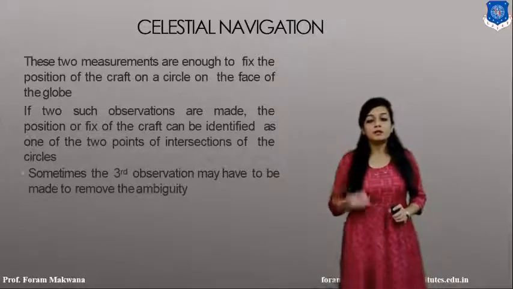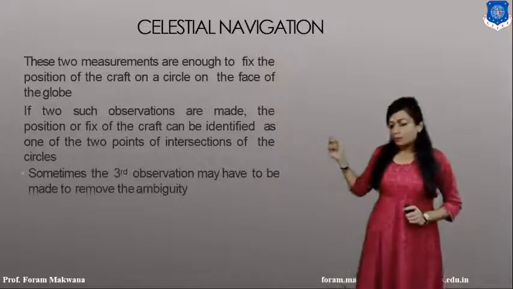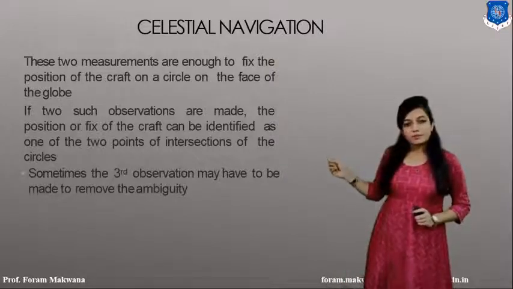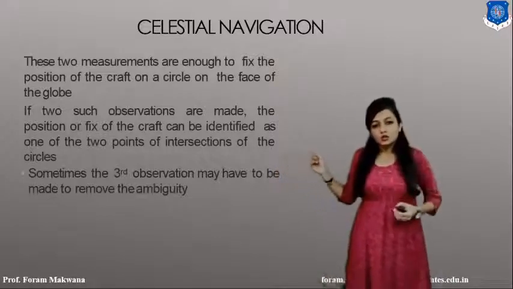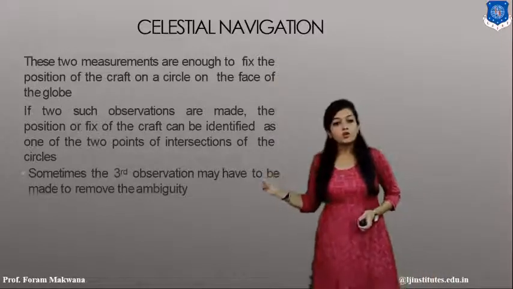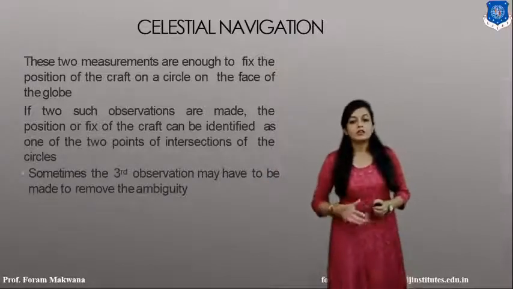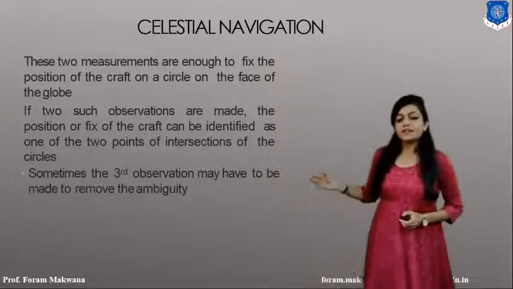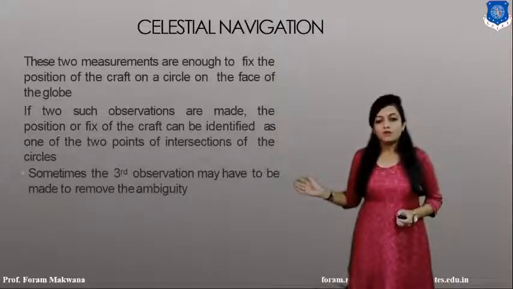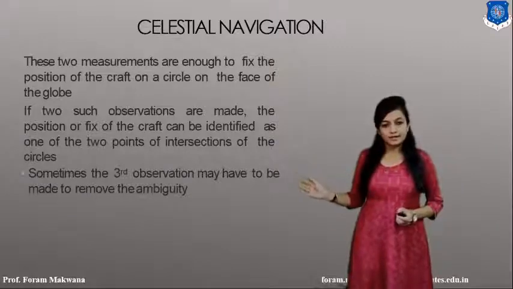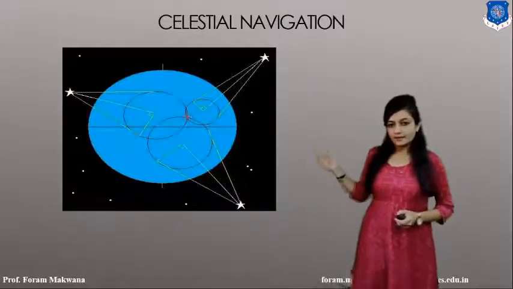If we are able to take two such observations, the position of the aircraft is identified as one of the two points of intersection of the circles, right? Sometimes, if we need the precise position, we can take a third observation, okay? Like this.